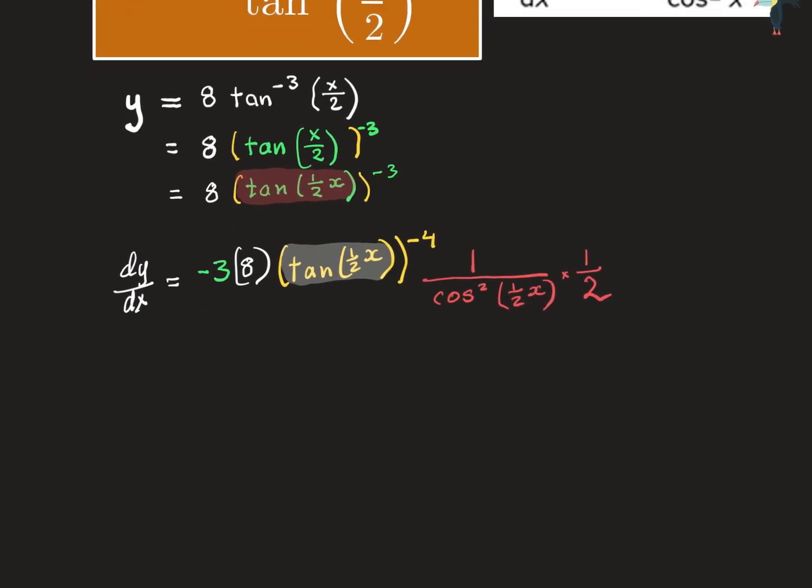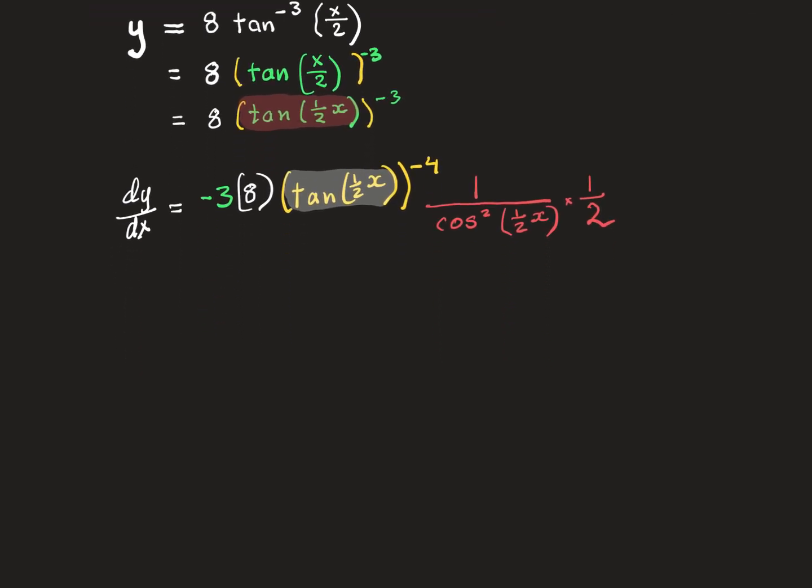All right, so how can we make this better? Let's multiply the negative 3 with the 8 and then divide by the 2 because these are the constants. So I will have 3 times 8 divided by 2, which will be minus 12. Tan x on 2 to the minus 4.